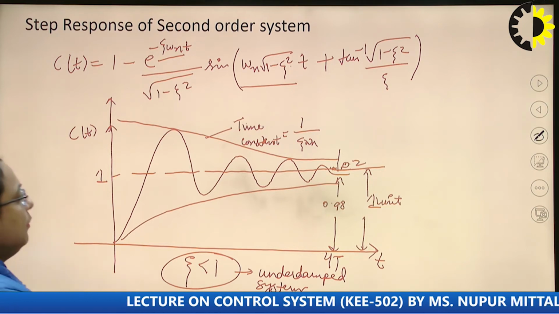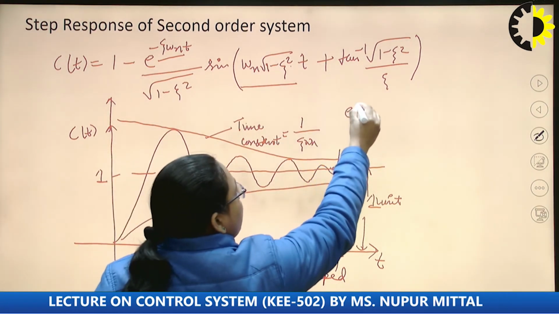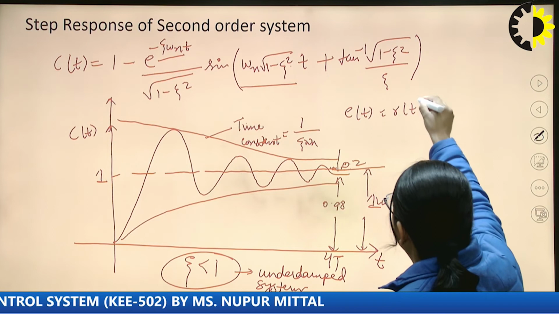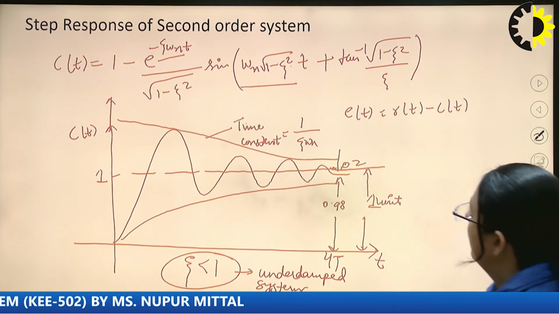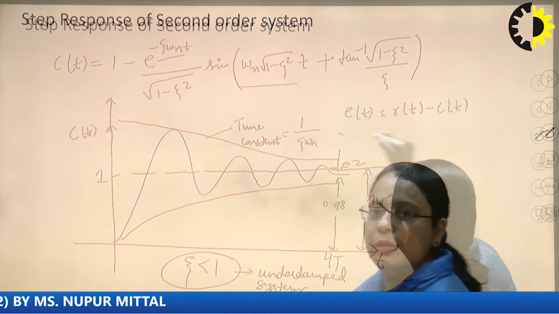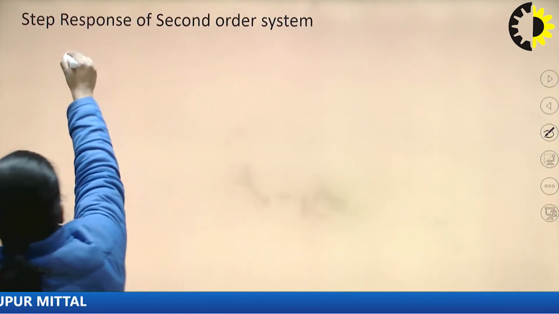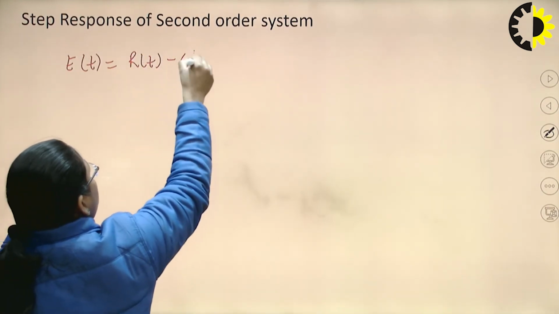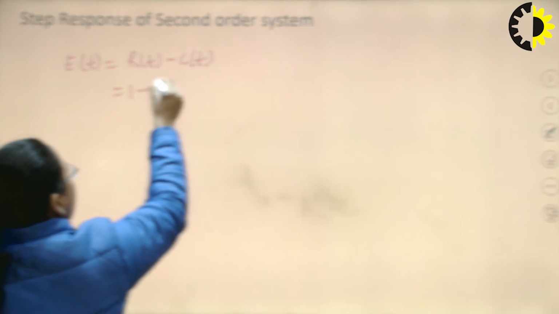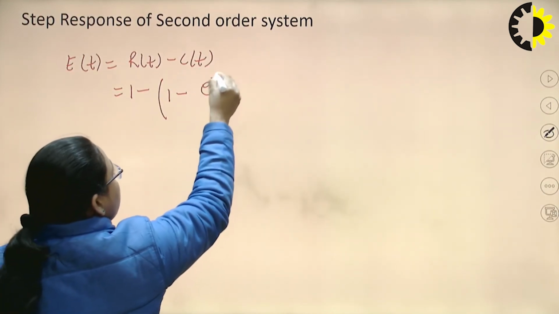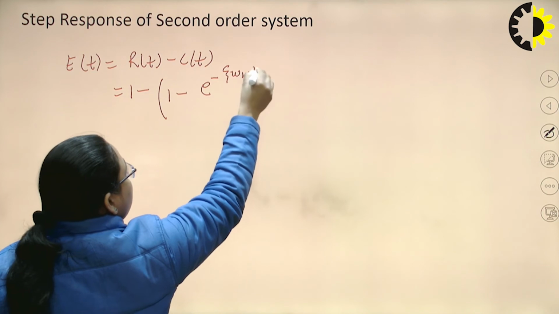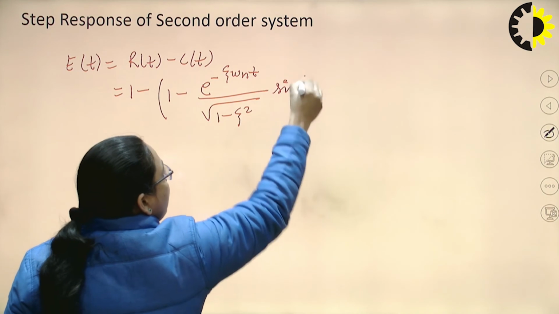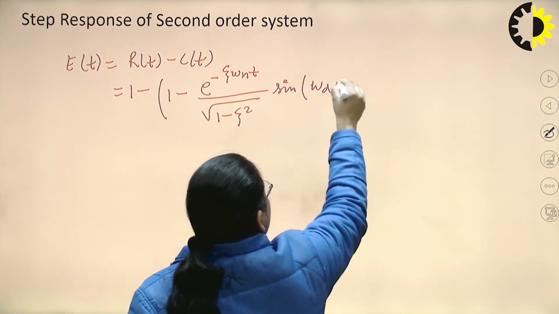So for this system, the error will be equal to r(t) minus c(t). Here r(t) is 1, and we can put the value of c(t), that is 1 minus e raised to the power minus zeta omega n t upon under the root 1 minus zeta square into sin omega d t plus phi.